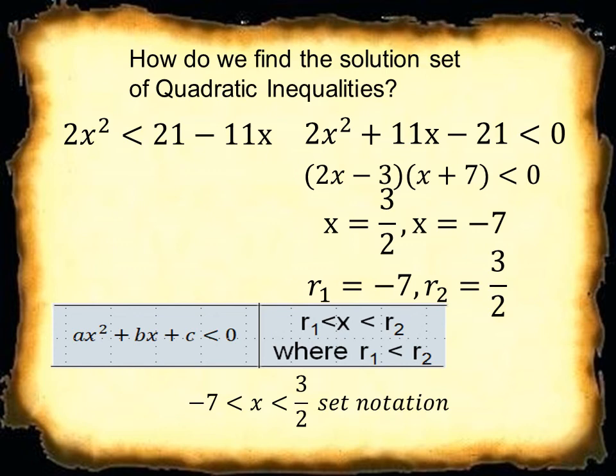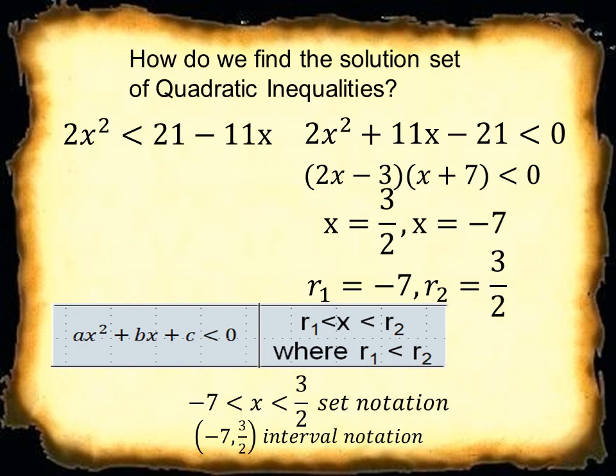And for the interval notation, since there is no or equal symbol, just less than only, we use parentheses. So that's the difference between with or equal and without or equal. Less than only, we use parentheses. So in interval notation, you have negative 7 comma 3 over 2 in parentheses, not bracket.